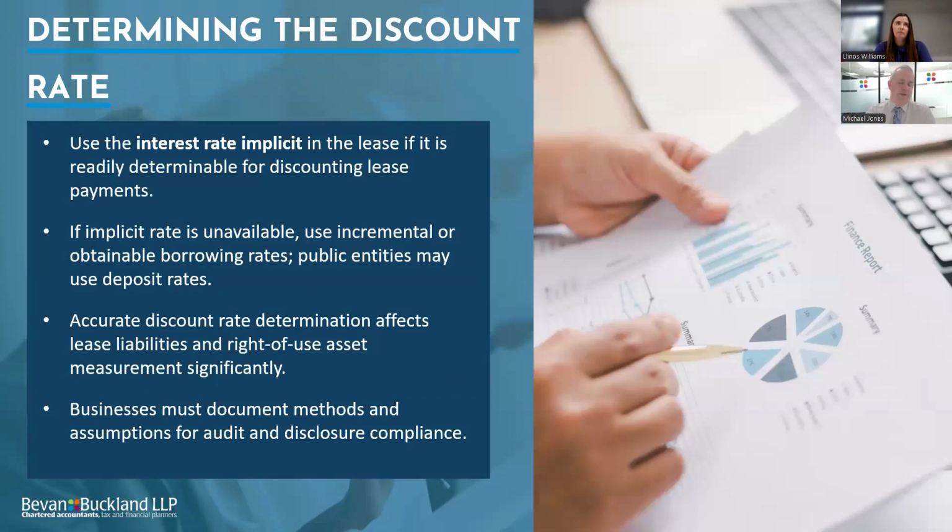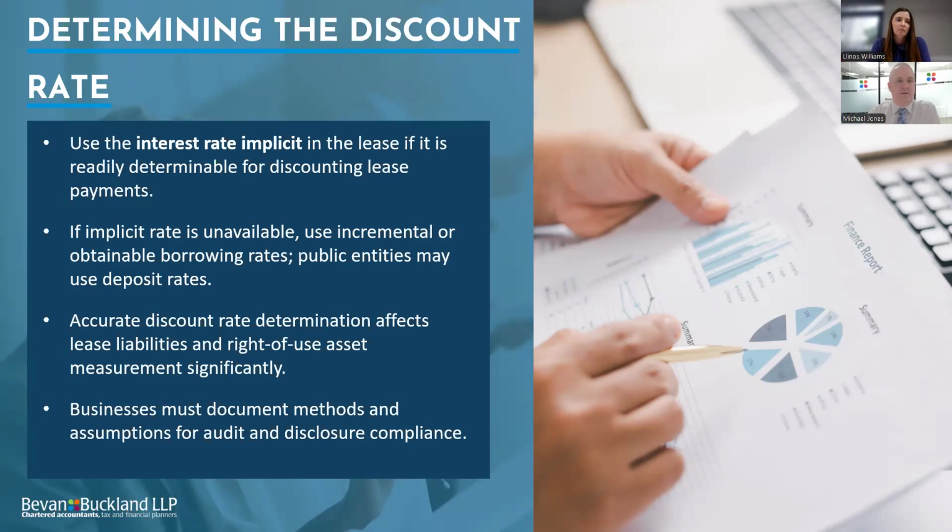The difficult part is actually working out what that rate is. When you're doing your present value calculations, you need to look at what the implicit rate of interest would be. Most leases will have interest in there. It's rare to actually see what that implicit rate is. You've got the option of going to the lessor and asking. Very much doubt that they'll tell you what the rate would be. So if we don't know what the rate is because it's not noted in the lease itself, what do we do next?